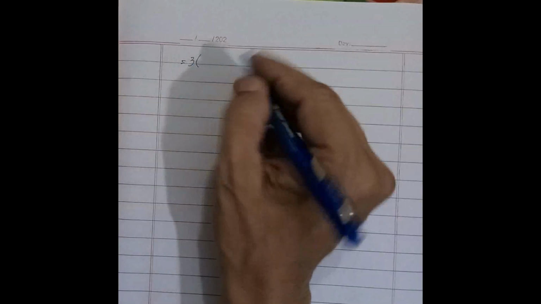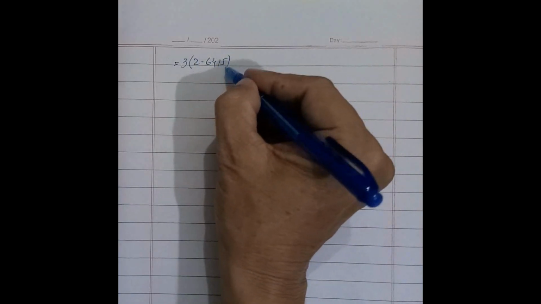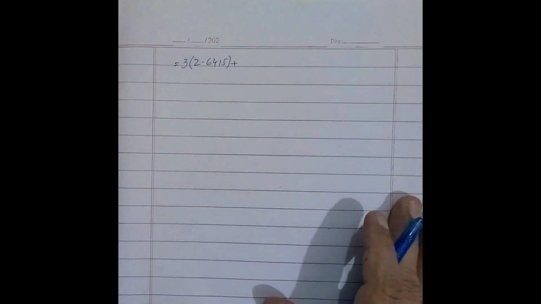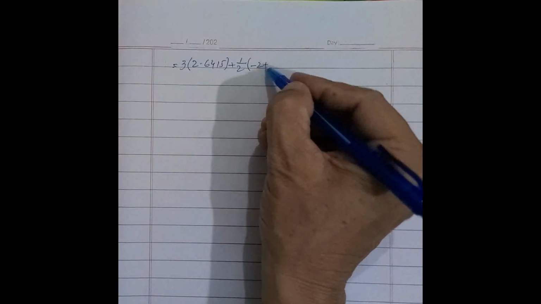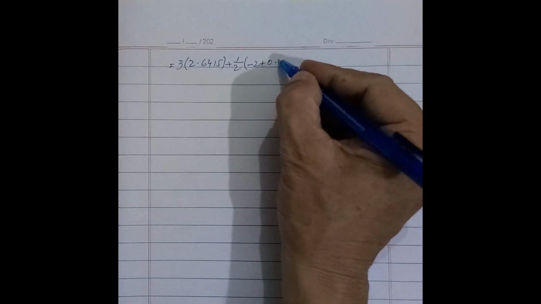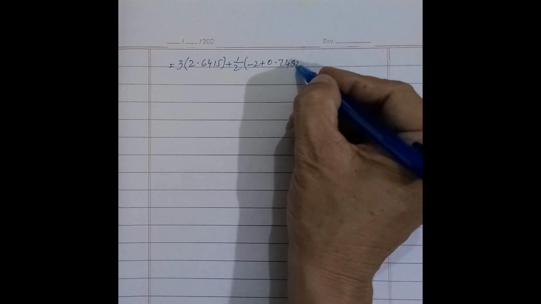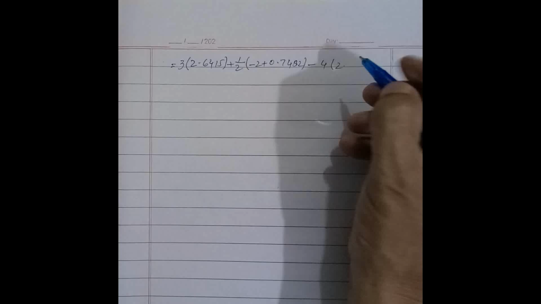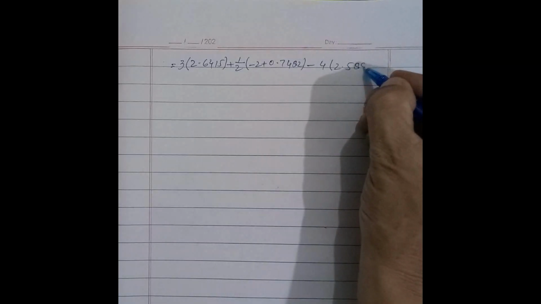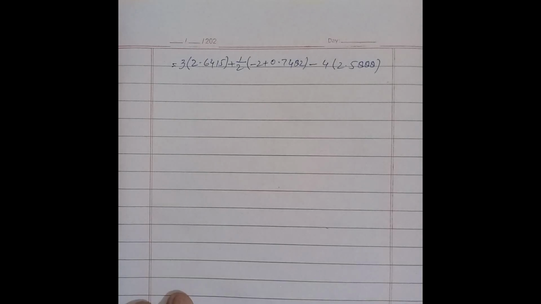3 into 2.6415 plus we divide and 1 over 2 minus 2 plus 0.7482 and minus 4 into 2.588. And then we simplify these values.